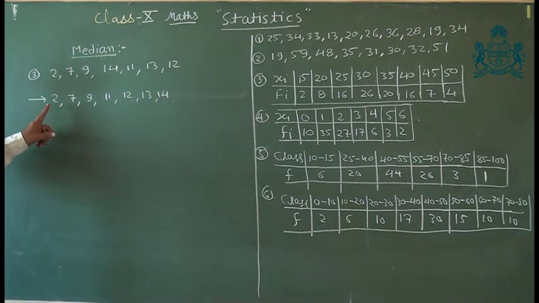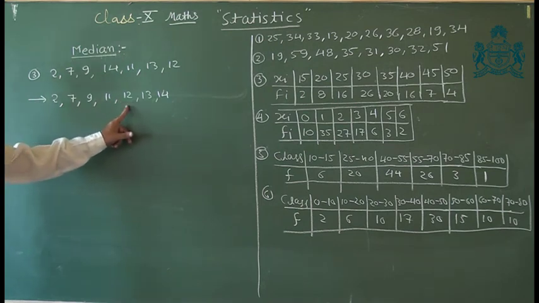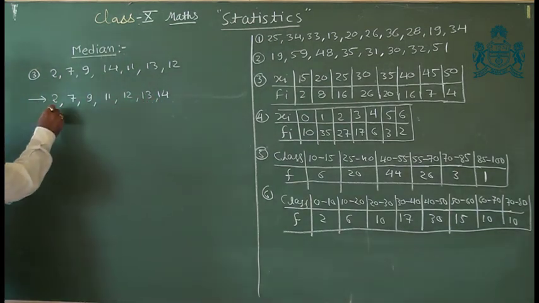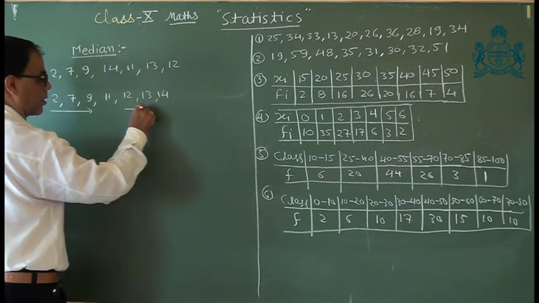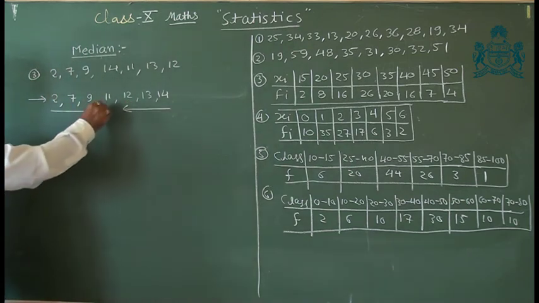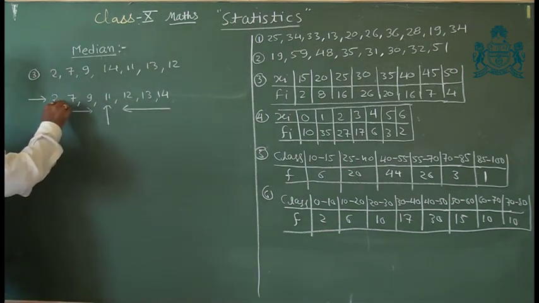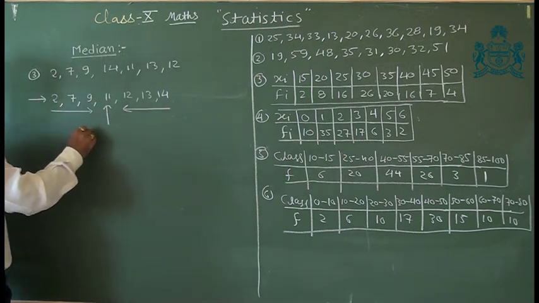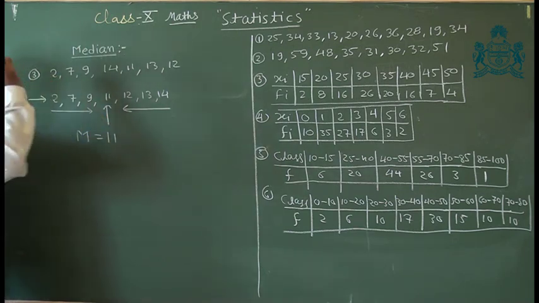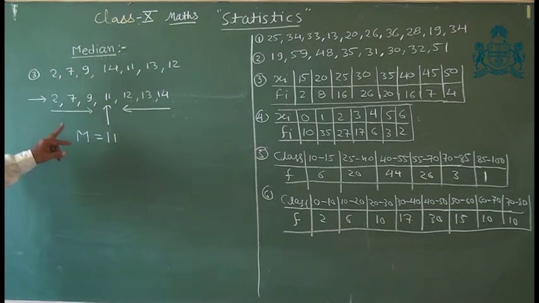Number of observations: 1, 2, 3, 4, 5, 6 and 7. Mid value of this: left side 3 and right side 3, mid value is 11, the fourth term. Therefore, median is 11. Second type of question, odd number of observations.